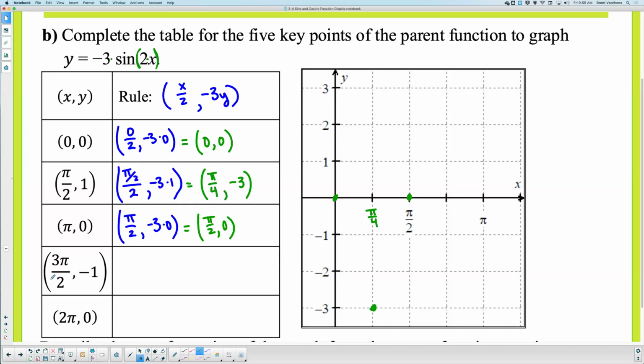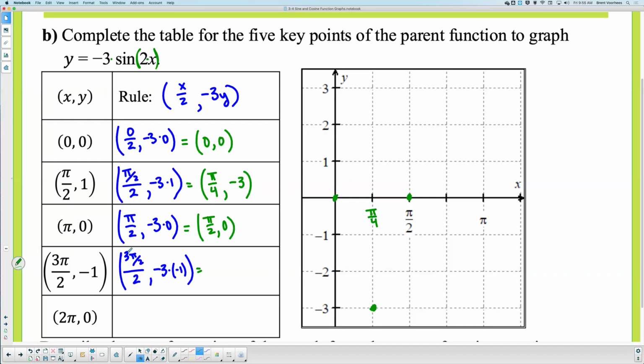Next one. I have 3 pi over 2. By rule, 3 pi over 2 is going to get divided by 2. So I'm going to write this fraction sideways. So it's 3 pi over 2 getting divided by 2. I also have this negative 1 that's going to get multiplied by negative 3. It'll be negative 3 times negative 1. When we go to simplify, I have 3 pi over 2 being divided by 2.